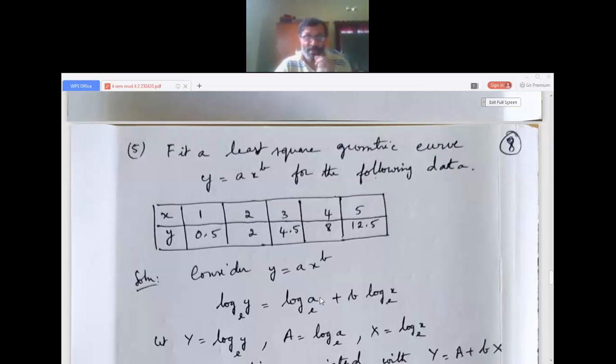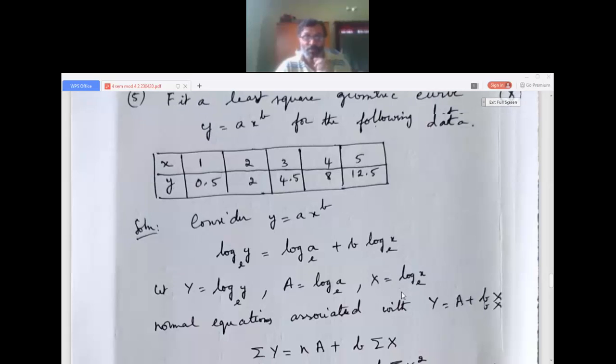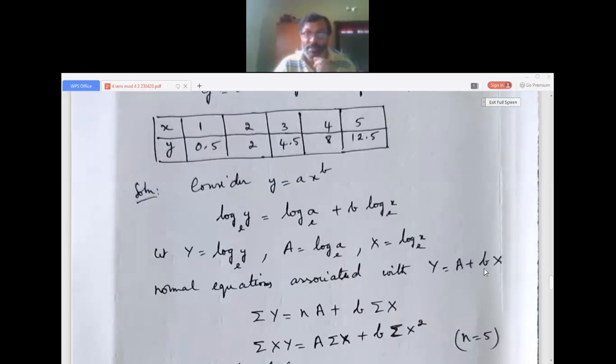We take log y base e as capital Y, log a base e as capital A, and log x base e as capital X. So the equation reduces to Y equals A plus bX, the linear straight line form, which is nothing but type 1.